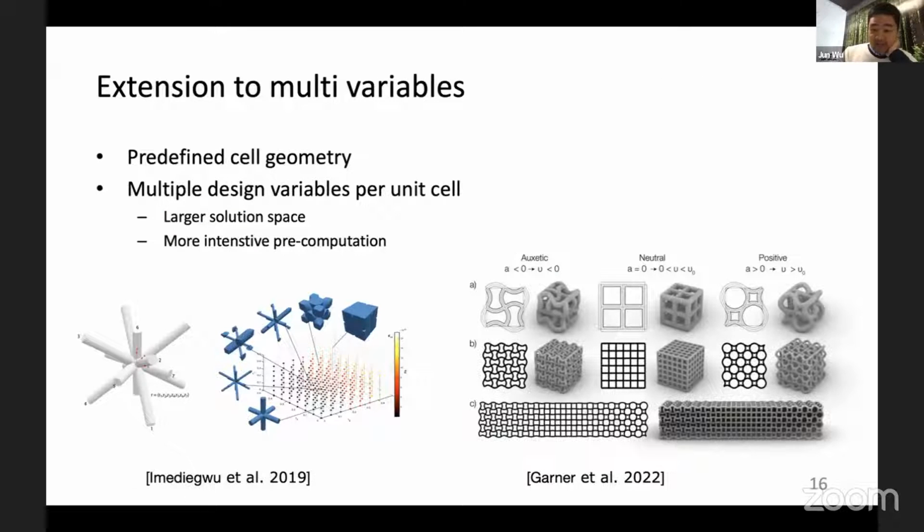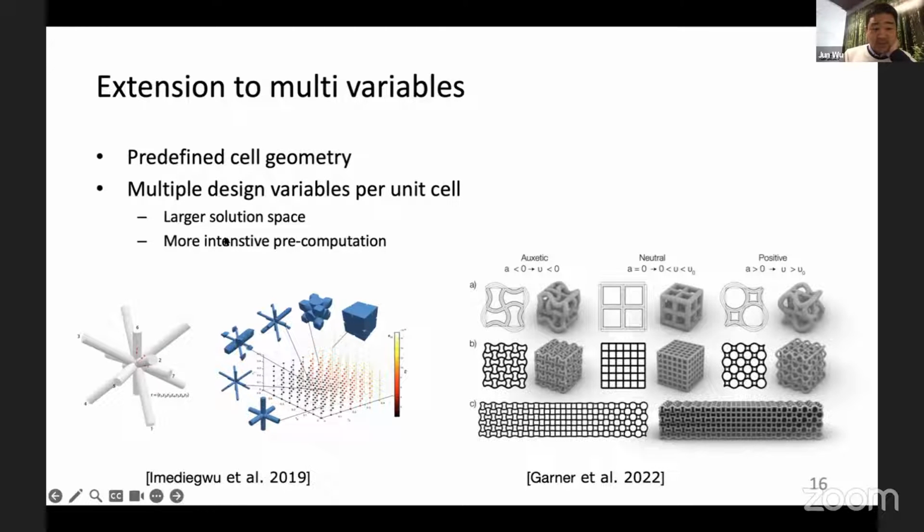With density as a design variable, each unit cell has only one design variable. There has been a lot of research on extending the solution space by allowing multiple design variables within one unit cell. For instance, in 3D, if you have these diagonal structures, each diagonal can have an individual thickness. So in this case, you would have 7 design variables per unit cell.